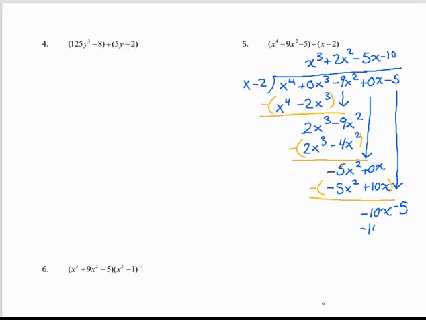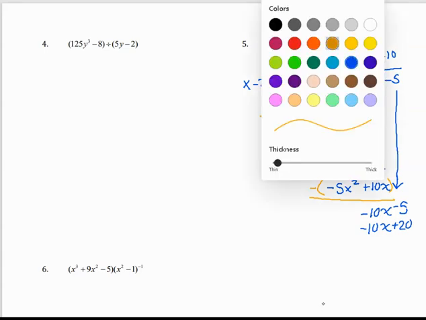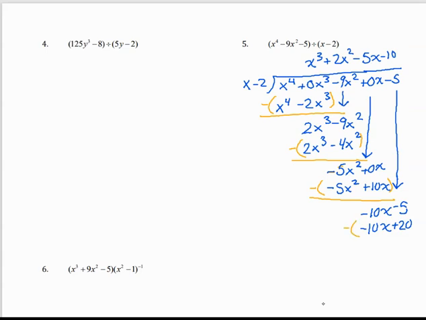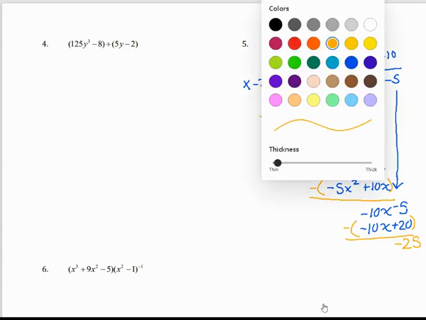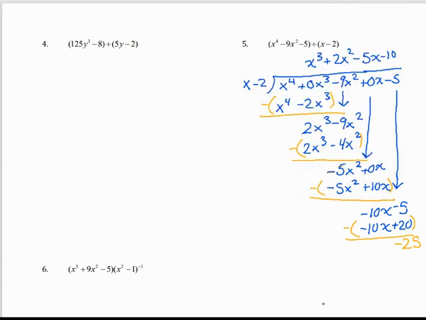Multiply negative 10x minus negative 20, so plus 20. Negative 10 times negative 2. And then our last step will be to subtract that. When I subtract that, our 10s cancel, but I now get negative 25. So that is my remainder. So what will I do? I will do minus 25 all over x minus 2. And there is my solution.